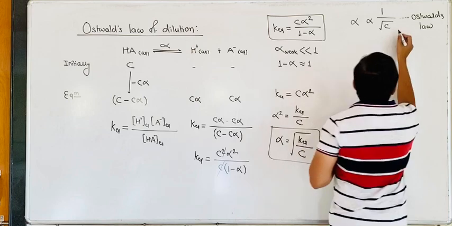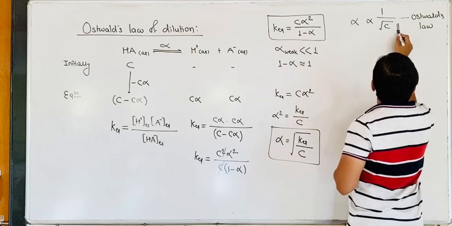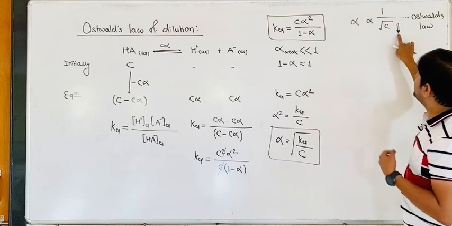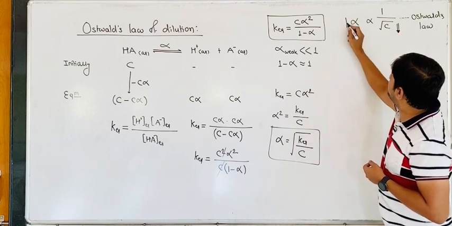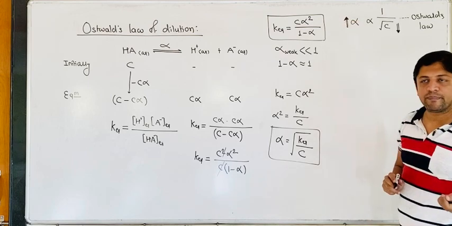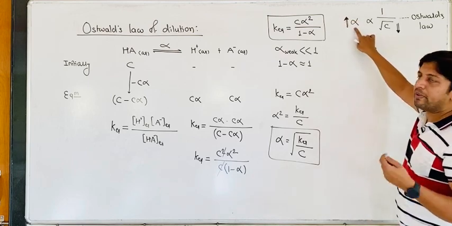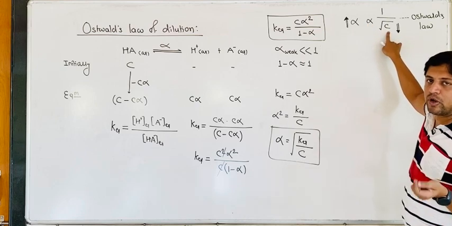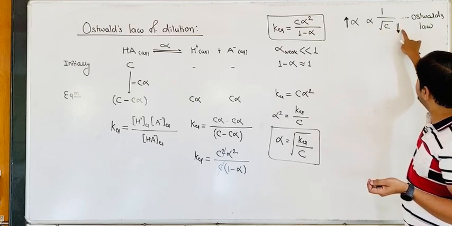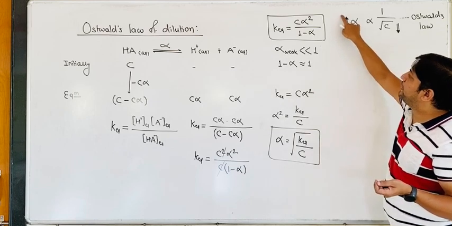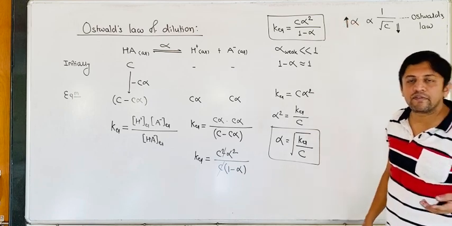So with decrease in concentration of weak electrolyte, its degree of dissociation goes on increasing. Degree of dissociation of weak electrolyte is inversely proportional to square root of concentration. Hence, with decrease in concentration of weak electrolyte, its degree of dissociation increases.